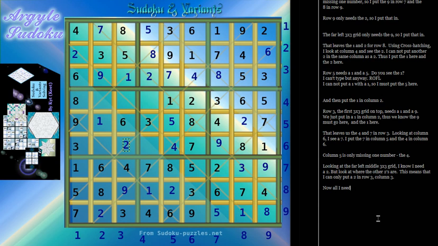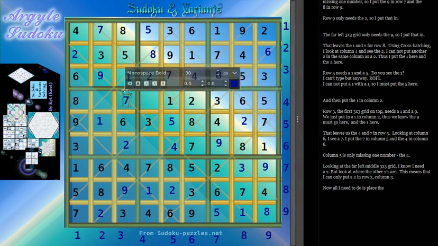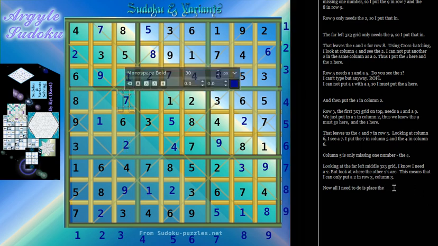Now all I need to do is place the 7, the last missing number, in column 3, and then place a 4 and 9 in row 4.